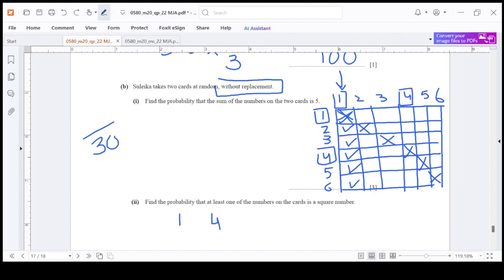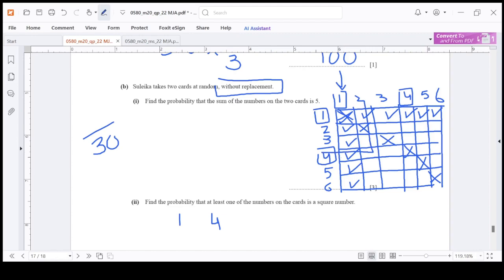Okay, and then if you draw 2 and 1, that also has a square number on it. And this one, because if you draw 6 and 1 you do have a square number in it. Then if you draw 1, 4, that's a square number at least, and then you have two square numbers with 1 and 4. Since it says at least one of the numbers on the card is a square number, you can also take two square numbers.